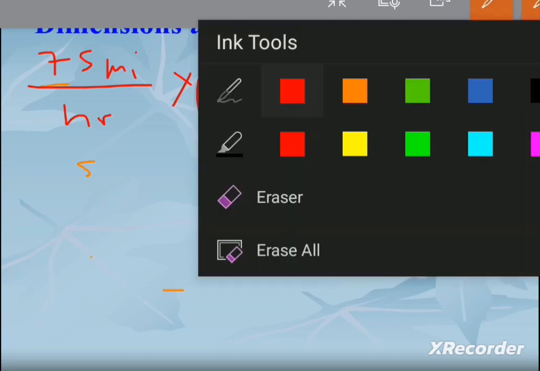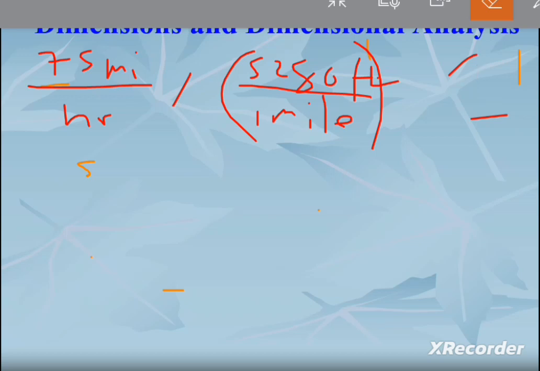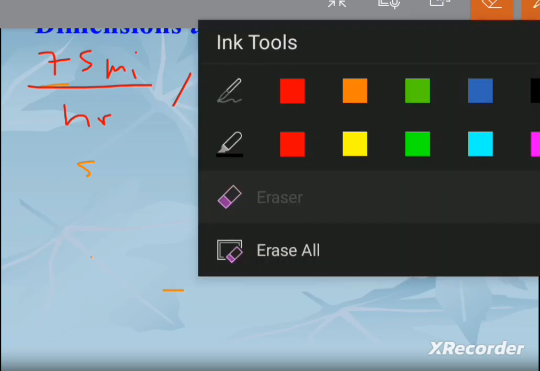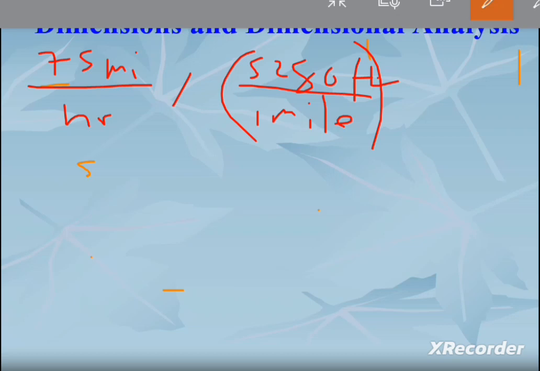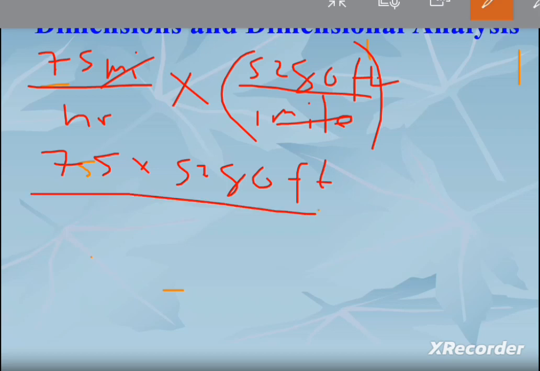So I'm going to erase this. So now we have this times this. Then we cancel mile to mile. Mind you, we are dealing with 1 dimension at a time. So we are going to multiply 75 by 5280 feet over hour. Now we are converting feet to centimeters, because we know the conversion of foot to centimeter.